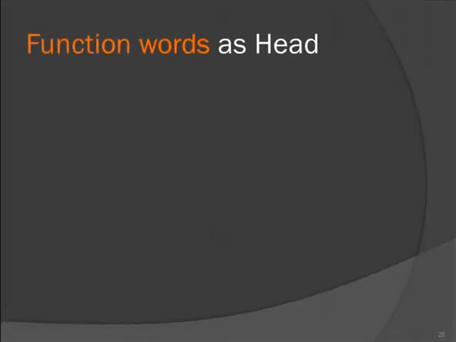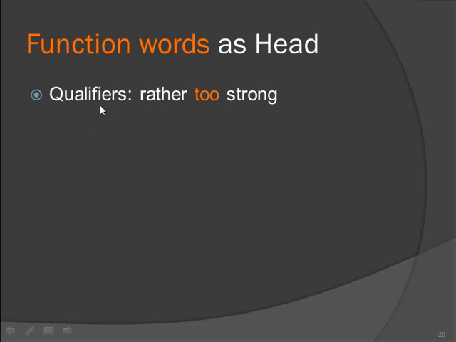Okay, so I think this is the last one. Function words. I hope you still remember my video about parts of speech last week. We have function words, and function words can also be a head. Okay, for example, here the modifiers is qualifier, like rather to strong. Okay, let's look at the Chinese boxes.